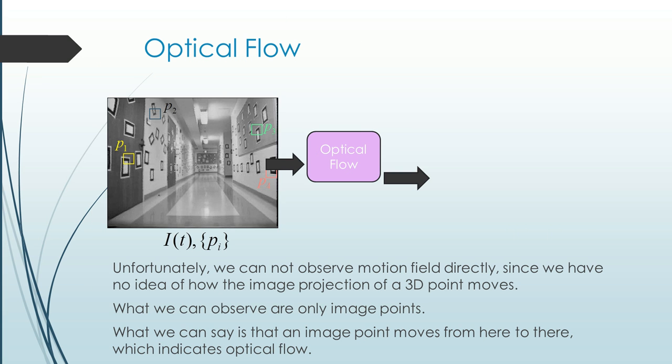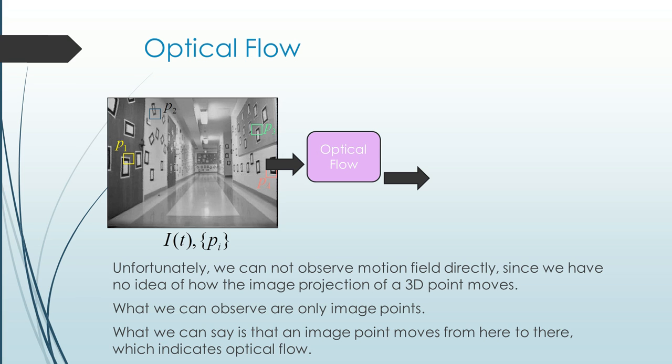Now we cannot really observe the motion field directly in an image, because we don't know exactly the projection or where these points move in 3D space. We can only observe these image points in a 2D space, and the only thing we can say is that the image point moves from one place to another. This is how we can indicate the optical flow for these points in the image.